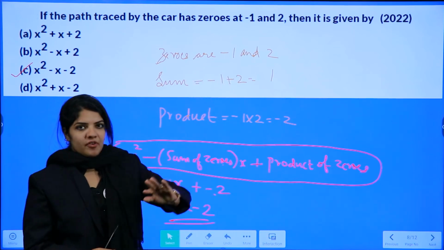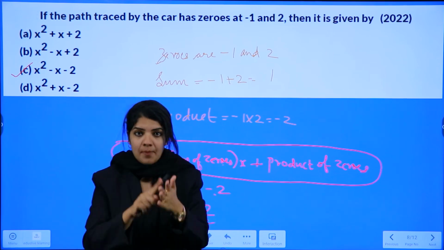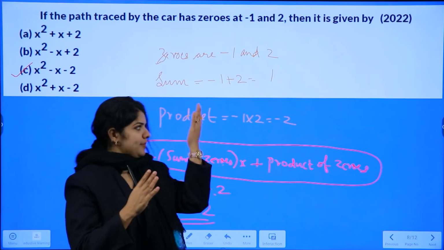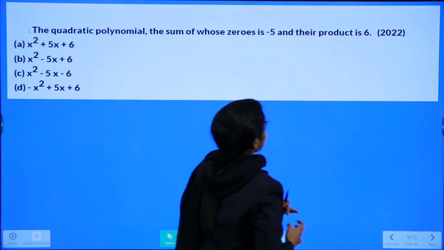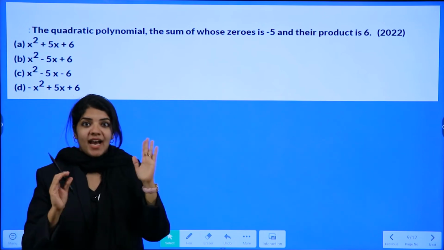Here zeros were given and in the next question sum and product are given. If zeros are given, you have to find the sum and product and then substitute in the quadratic equation. But in the next question, the sum and product are directly given.